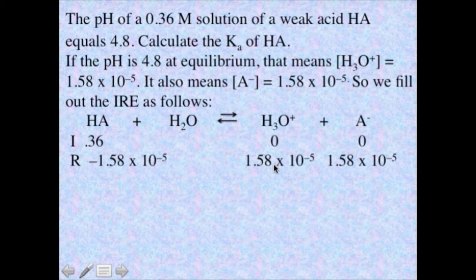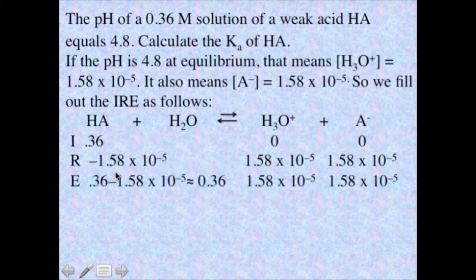We know this because the hydronium concentration was 1.58 times 10 to the minus 5, and that came from the HA ionizing. So the pH tells us how much of the HA ionized.